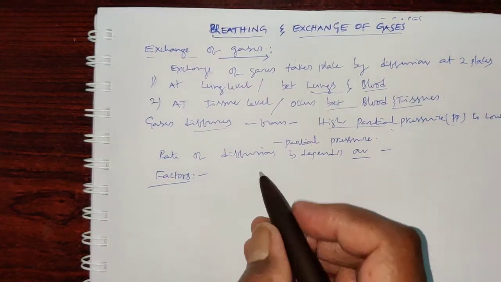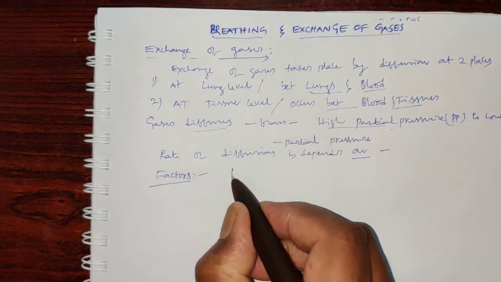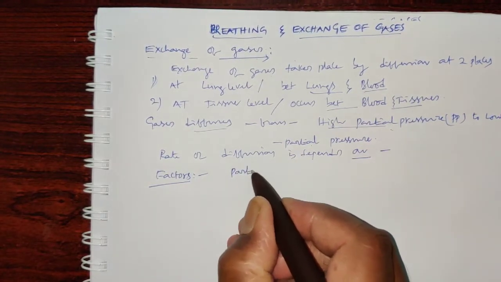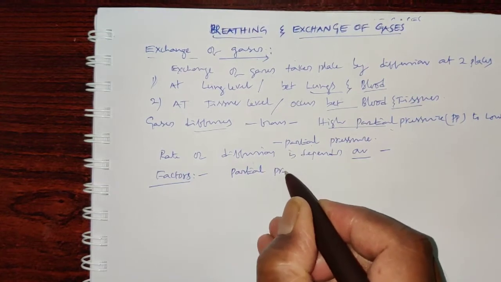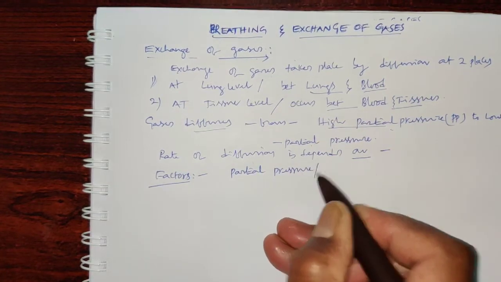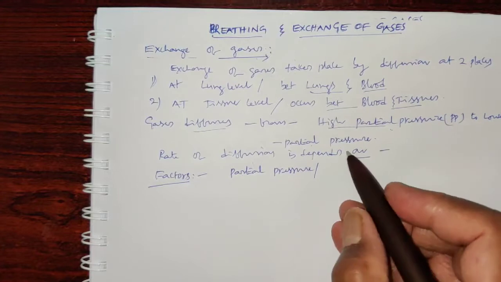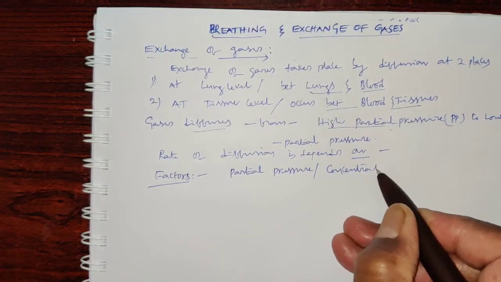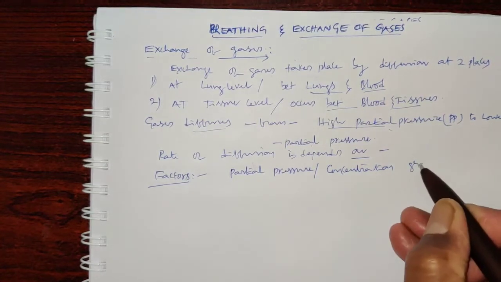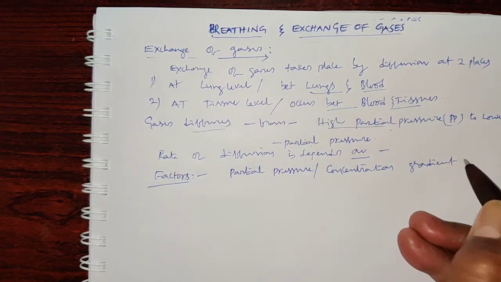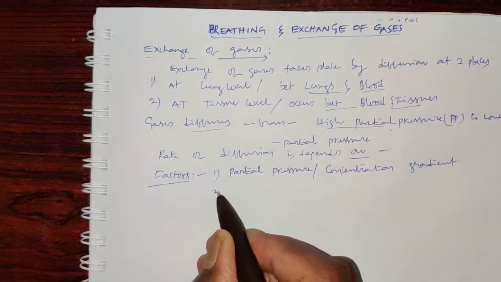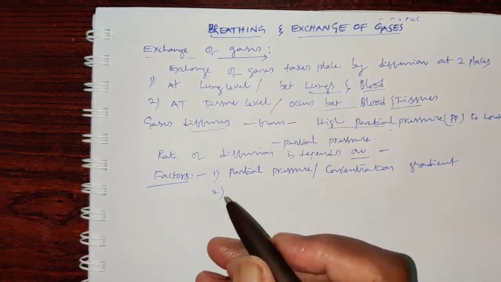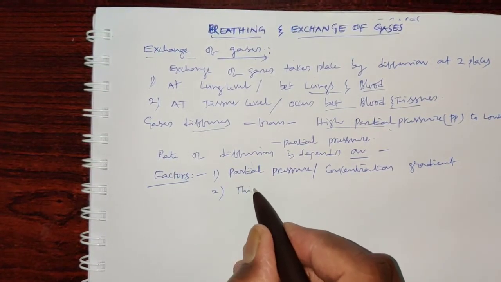Number one is partial pressure, or we can say concentration gradient. Number two is thickness of membrane.